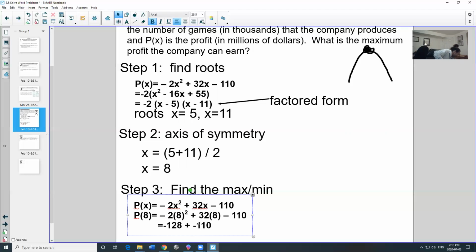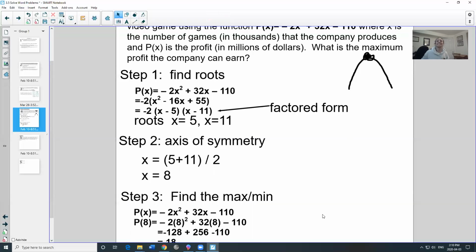And we're having a rough day. Let me grab my calculator. So, sorry, 32 times 8. Oh, there we go, 256. So -128 plus 256 minus 110, you should get an answer of 18. So that means that your maximum is 18.